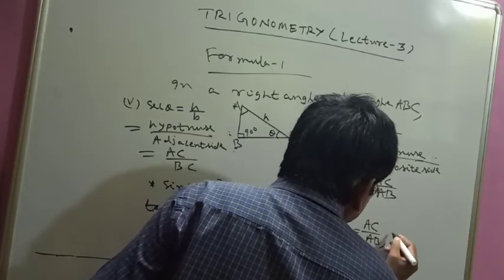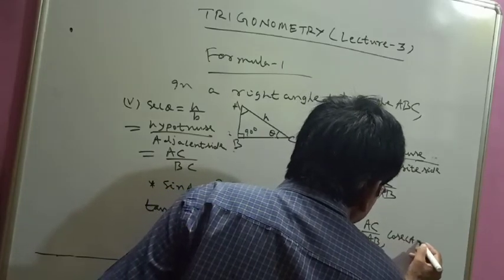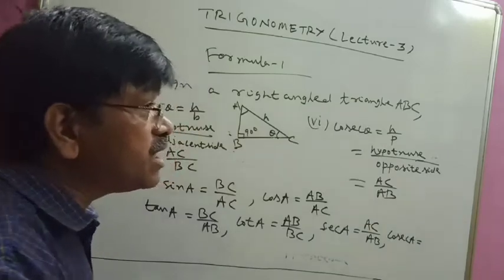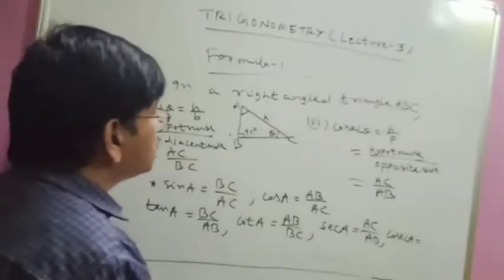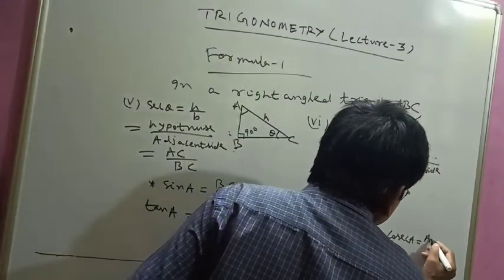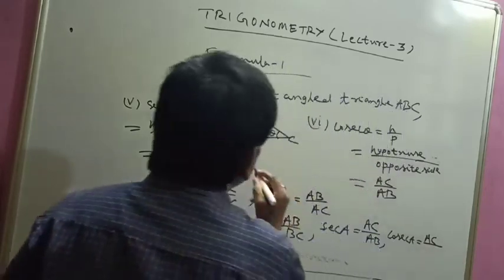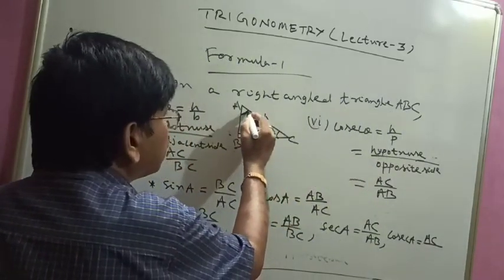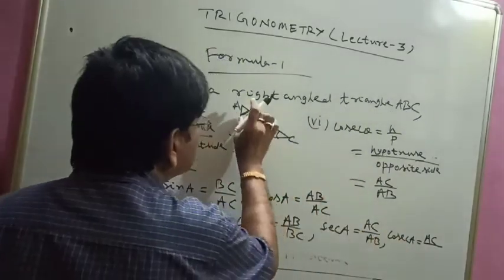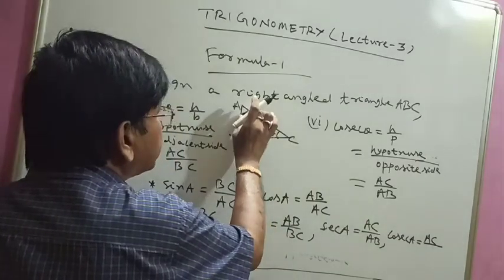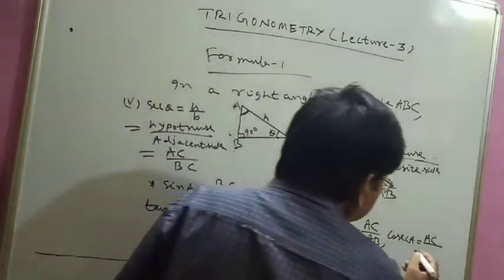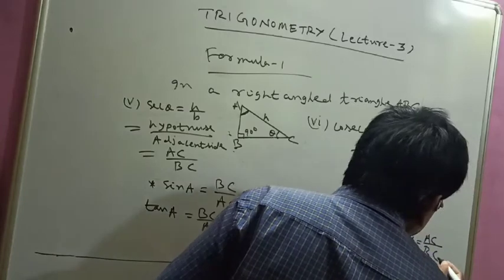Similarly, cosec A is H by P, hypotenuse AC by perpendicular, which is opposite to the angle. Here we are taking angle A, so the opposite side is BC. So it is AC by BC.